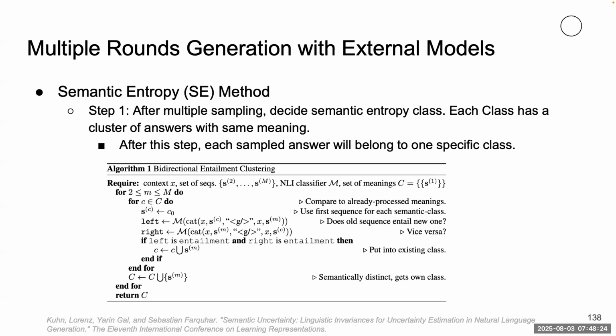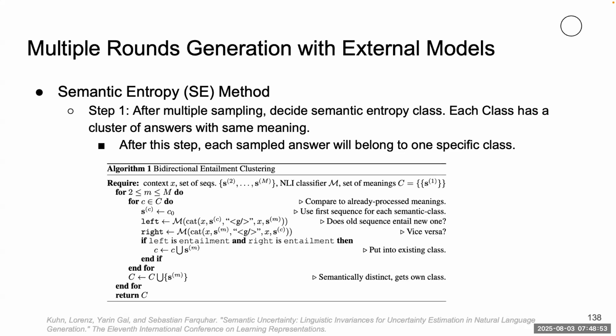So they have an additional step, clustering the generated samples into clusters. To get these classes, semantic entropy first defines a concept of bidirectional entailment. So if two answers bidirectionally entail each other, then they should be considered as belonging to the same cluster.